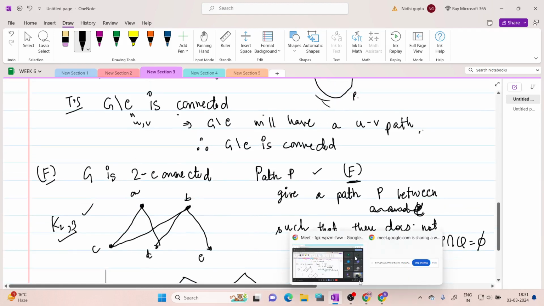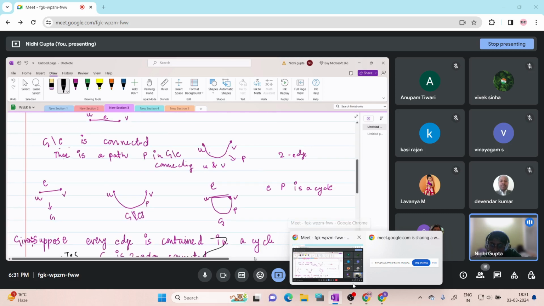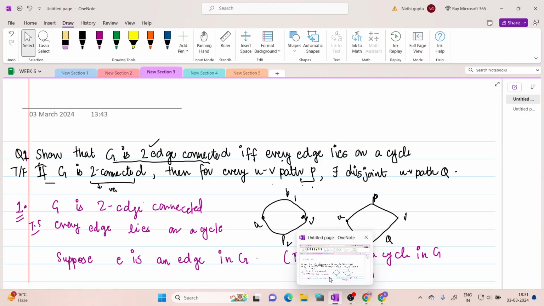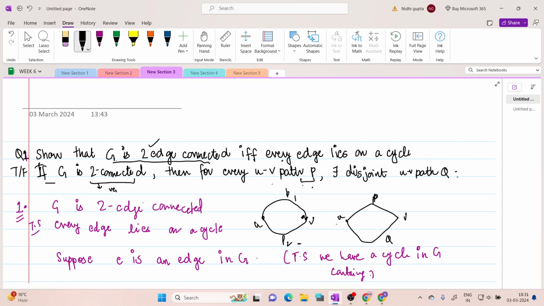Okay, so this statement is false, but I'll give a counter example in the next session, maybe. I can't think of it now, but it is false.